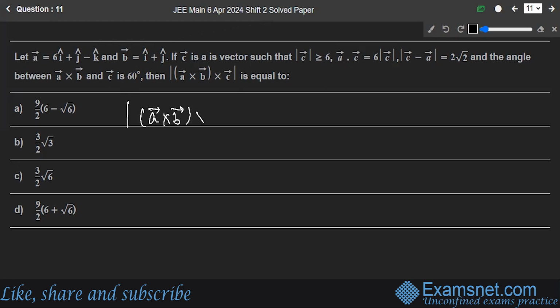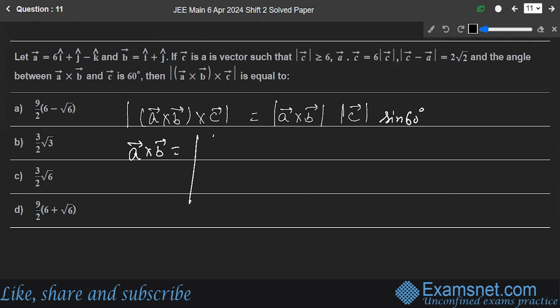Correct? For that, what you need is the magnitude of A cross B and sine of the angle, right? So what is your A cross B vector? This is given by i, j, and k, 6, 1, minus 1, and 1, 1, 0. This will give me i into 1 minus j into 1, k into 5.